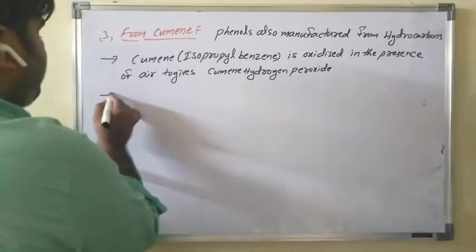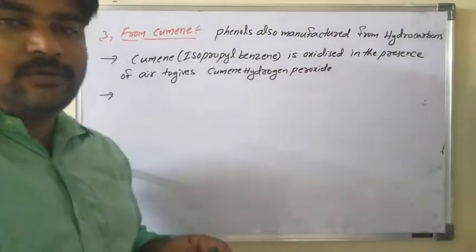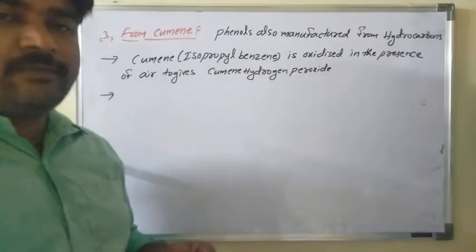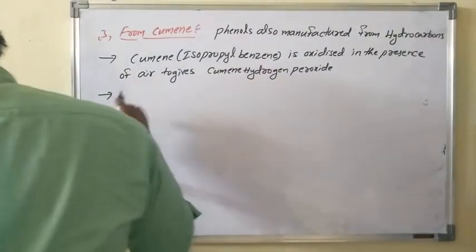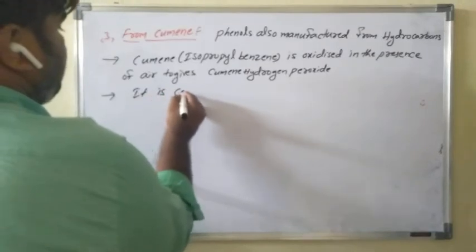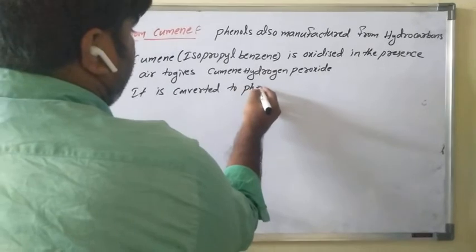So this cumene hydrogen peroxide is converted to phenol and acetone. So by treating with acidic medium, acidification, it is converted to phenol.